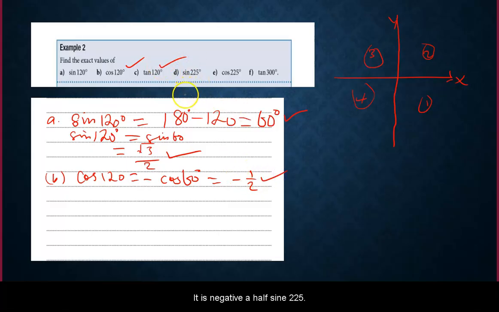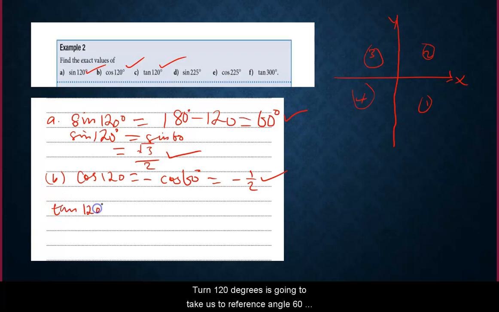Sine 225. We have tan 120 first. This is C, tan 120. Tan 120 degrees is going to take us to reference angle 60 degrees, because tangent is negative in the second quadrant.